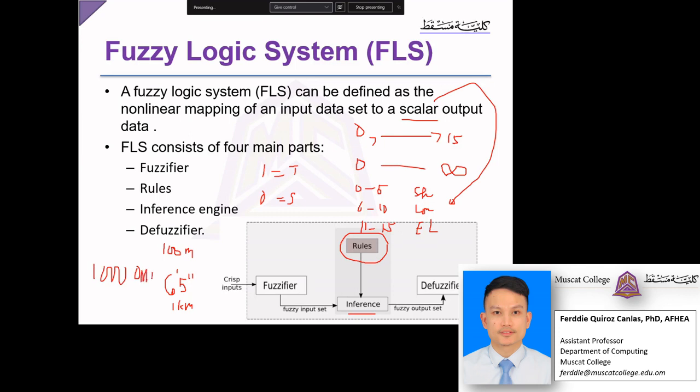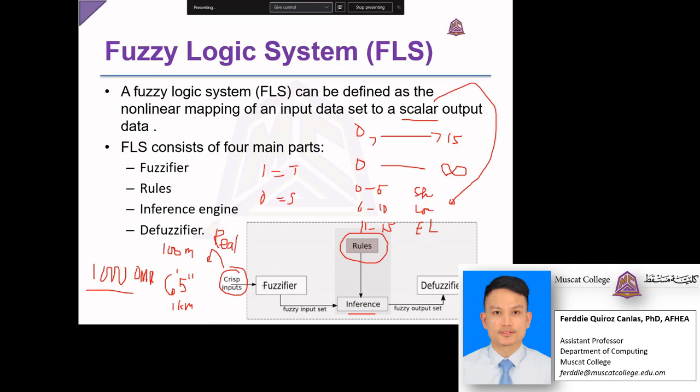All of this, we call them crisp. In short, crisp inputs refer to real life values, like 1000 OMR, 6 feet 5 inches, 100 meters. Just remember, when I say crisp inputs, I'm referring to real values.